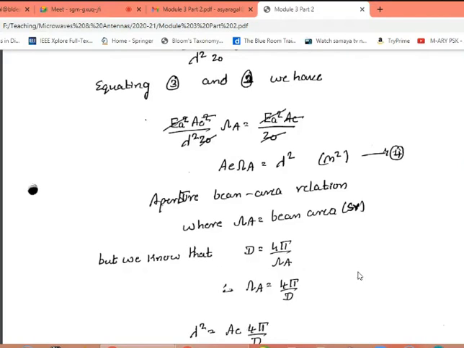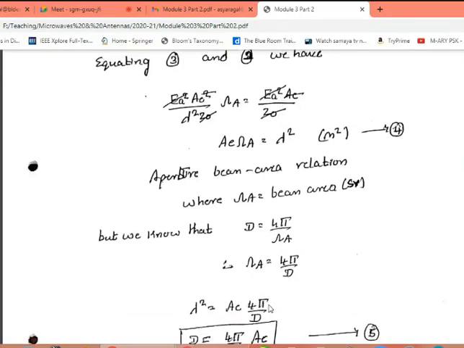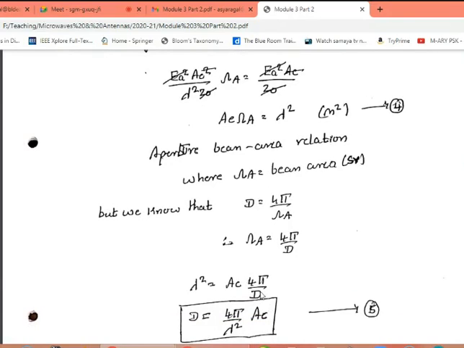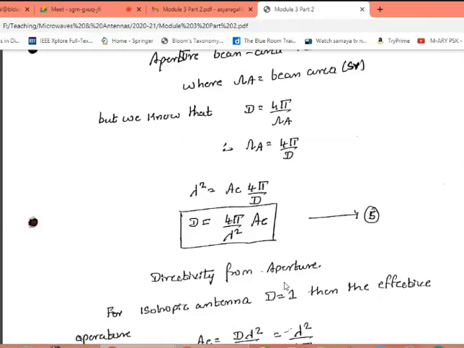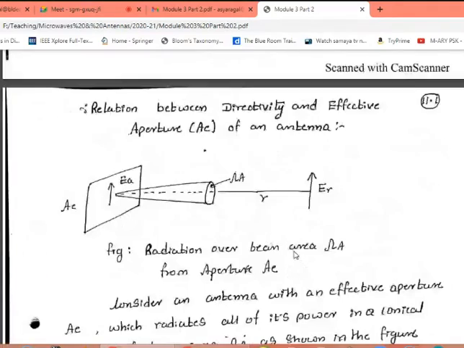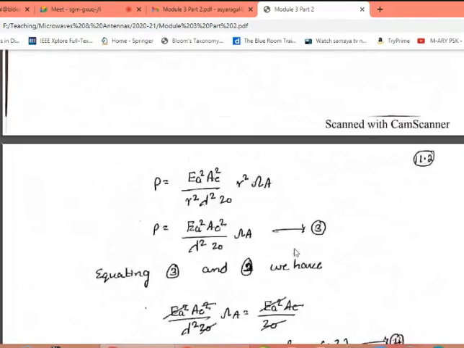We already know that the directivity in terms of the beam area can be written as directivity D is equal to 4 pi divided by the beam area. So the beam area is represented as 4 pi by D. That equation can be written as lambda squared is equal to A_E into 4 pi divided by D. So D could be written as 4 pi A_E divided by lambda squared. This is how the relationship between the directivity and the effective aperture of an antenna can be found.